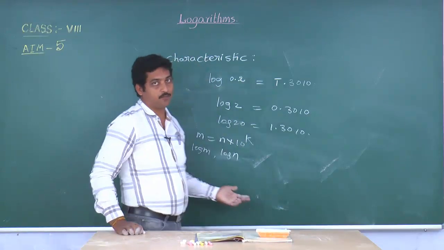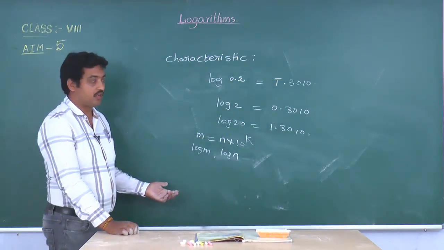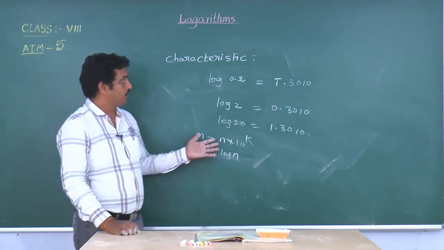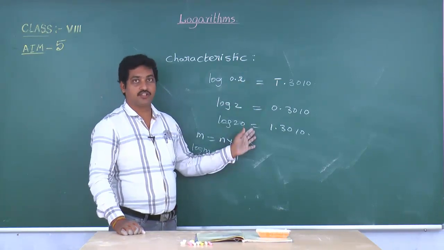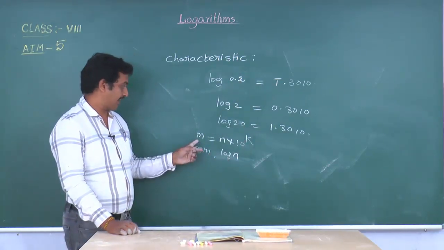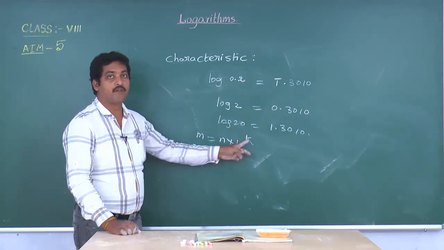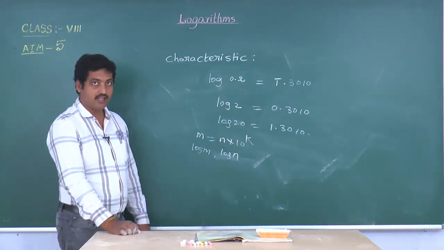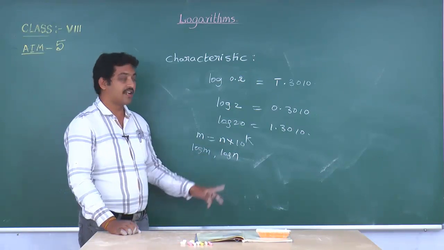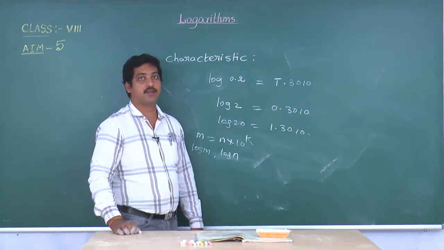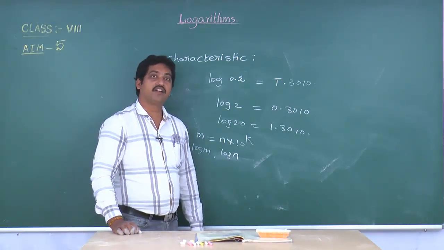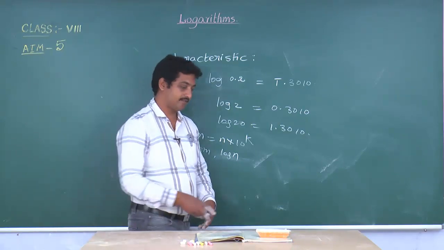This is a very important point and needs to be remembered. Sometimes we have to use this application. Once again, if m is equal to n into 10 power k, then log m and log n have the same mantissa but different characteristics.